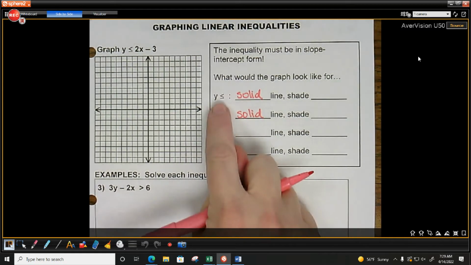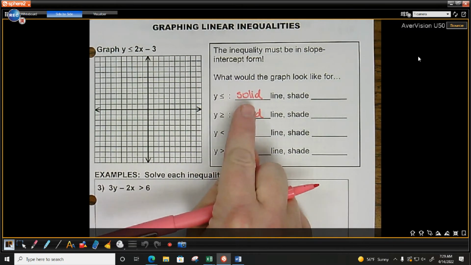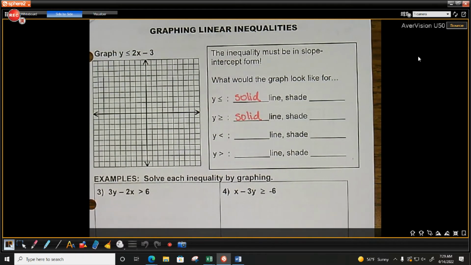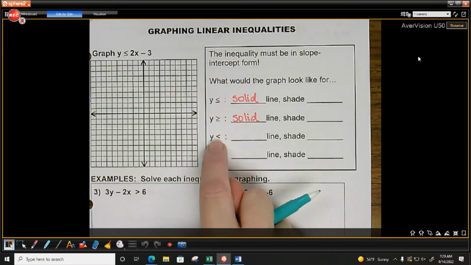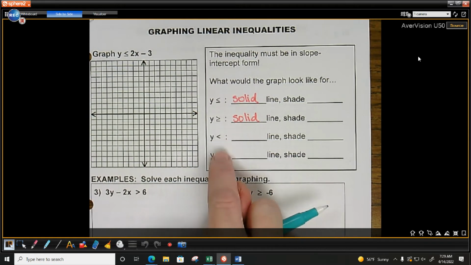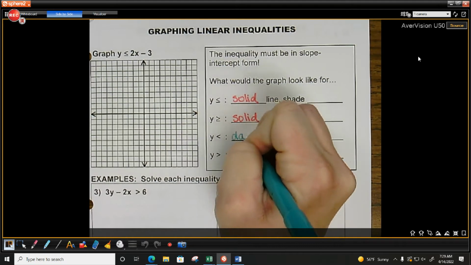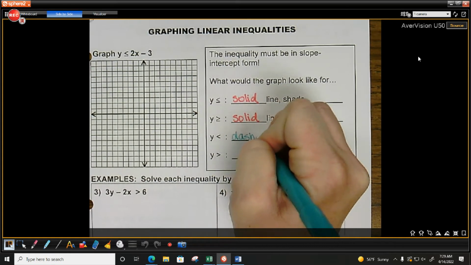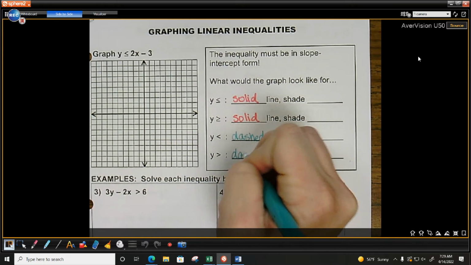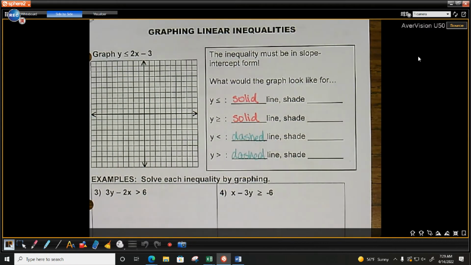Now these bottom two, see how you don't see the solid line? That means they're not going to be solid lines when you graph. They're going to be dashed lines. And we will go over what a dashed line looks like. So that's the first thing that's different from just graphing our linear functions. Sometimes you're going to have a solid line, sometimes a dashed line.